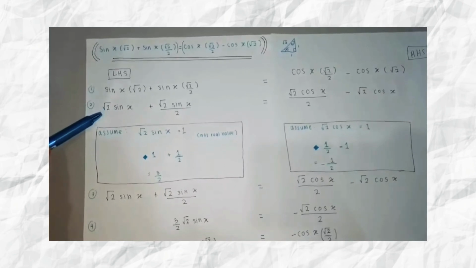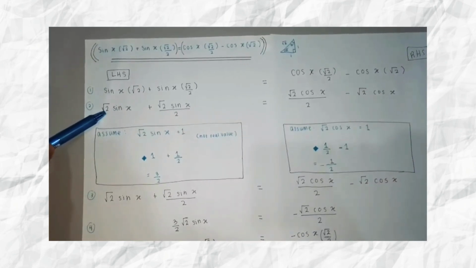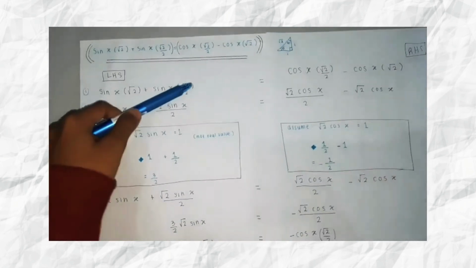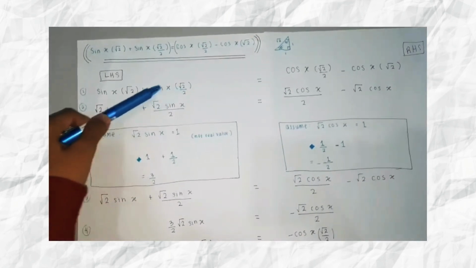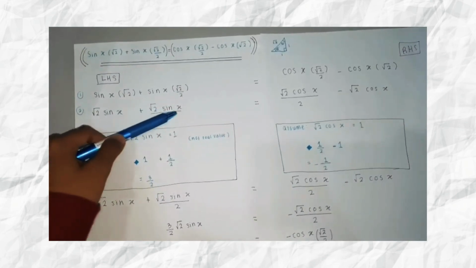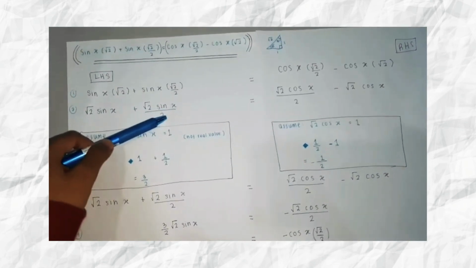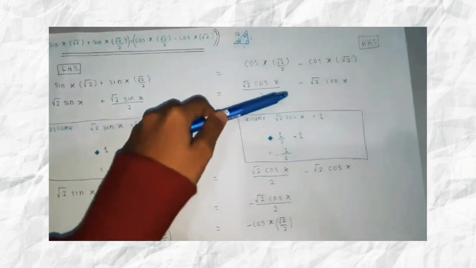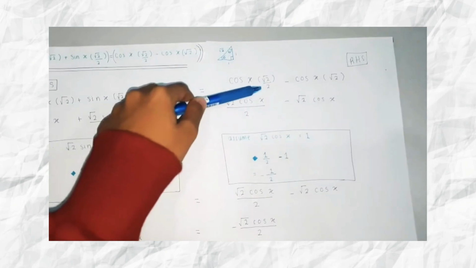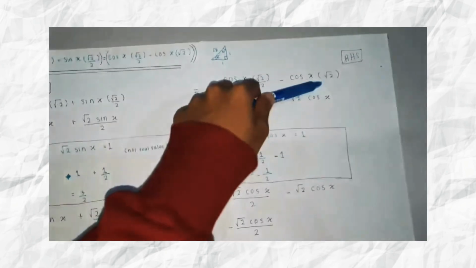So here I put square root 2 at the front of sin x, and it looks just like this. And also this one, I put square root 2 at the front, so it turned out to be like this, square root 2 sin x over 2. And same as the right hand side, cos x square root 2 over 2 minus cos x square root 2.